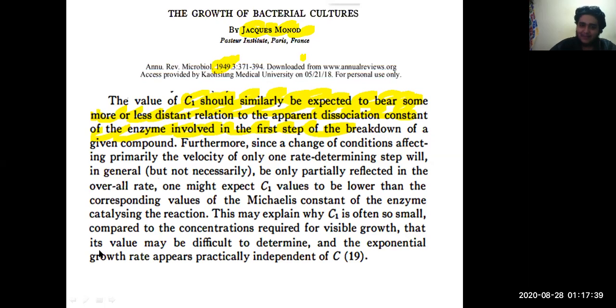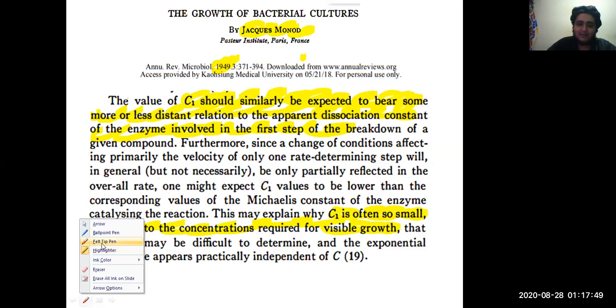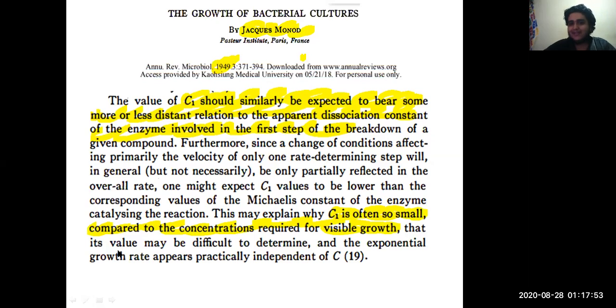And in another place, he says Monod's constant is much smaller than Michaelis-Menten's constant. If you read this whole paragraph, in fact, I think everyone should read this paper.